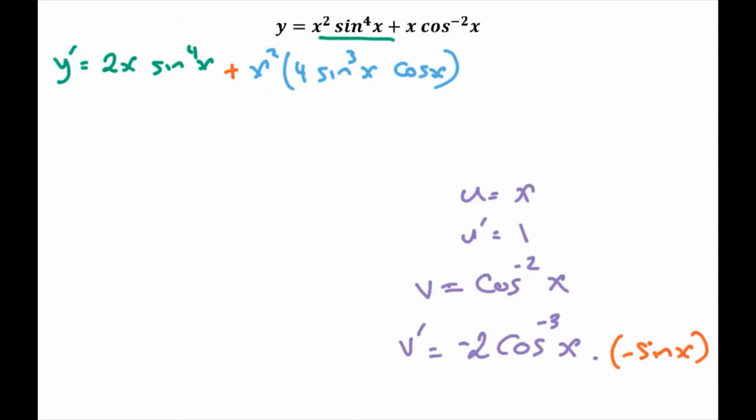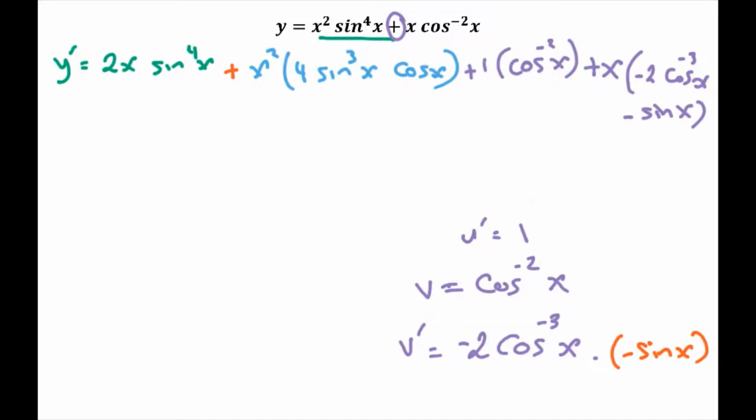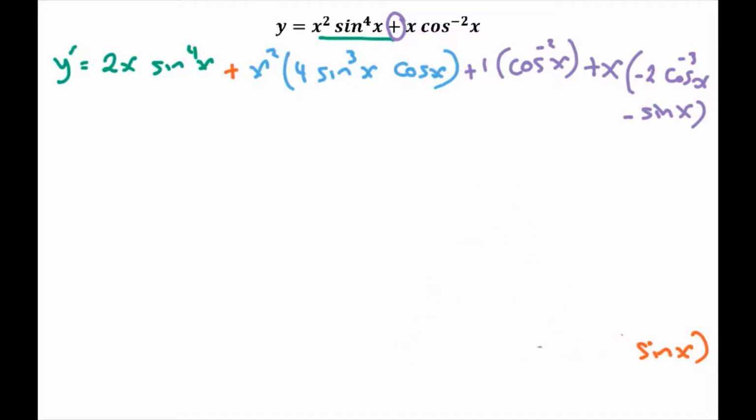So we're going to continue here with u prime v plus, of course, 1 times cosine negative 2x plus u, and then v prime, negative 2 cosine negative 3x multiplied by negative sine x. Now it's time to put everything together and try to simplify if you can.